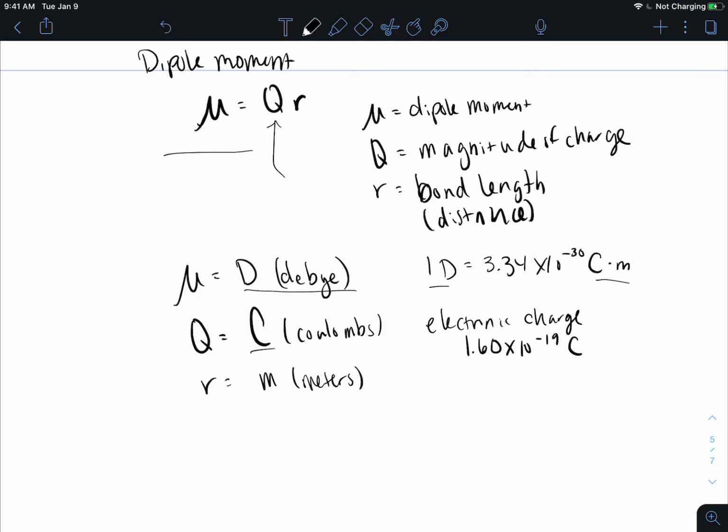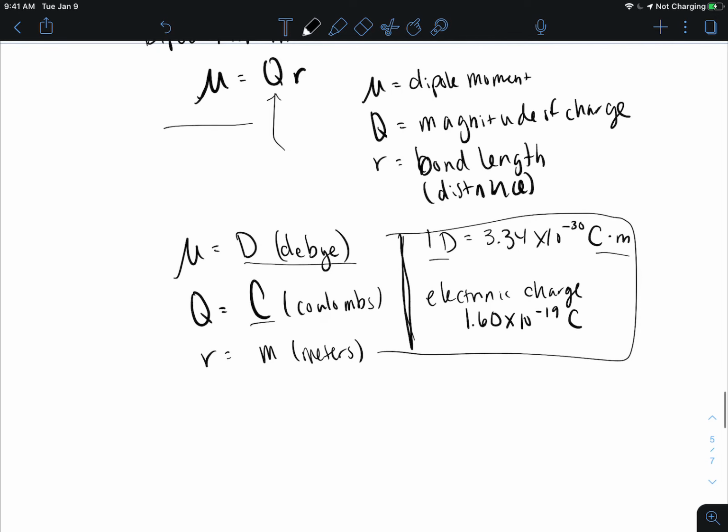If this value is negative, we're talking about the charge of 1 electron. If this is positive, we're talking about the charge of 1 proton. So putting those all in, we can solve for our dipole moment or our magnitude of charge.